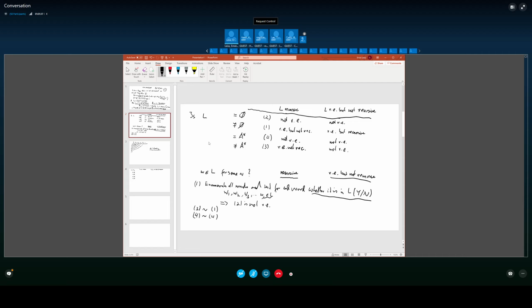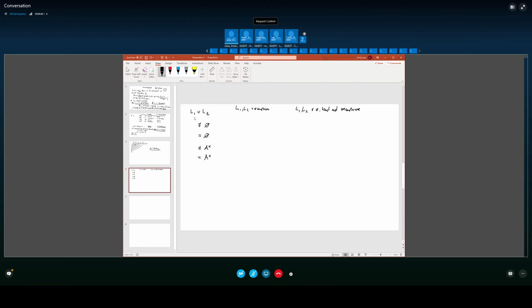Well, for the union, we can obviously run two Turing machines in parallel. We do the first step for the first Turing machine, the first step for the second Turing machine, second step of the first Turing machine, second step of the second Turing machine, third step of the first Turing machine, third step of the second Turing machine, and so on and so forth.